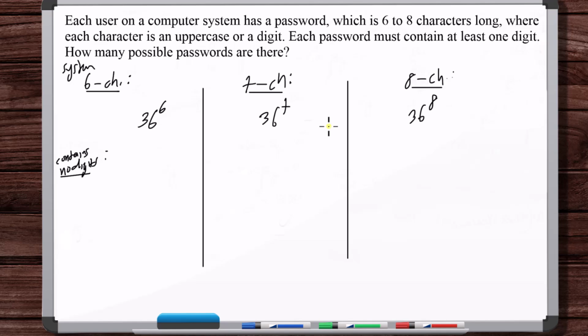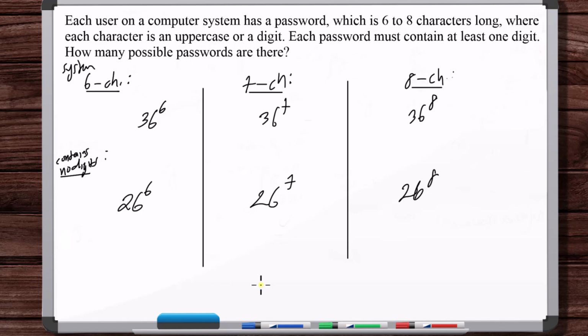But now we want to get the amounts in those sets that we created. For a 6-character long password that doesn't contain a digit, that's 26 to the 6th, 26 to the 7th, 26 to the 8th, right?